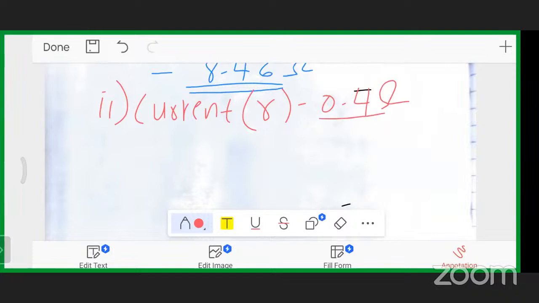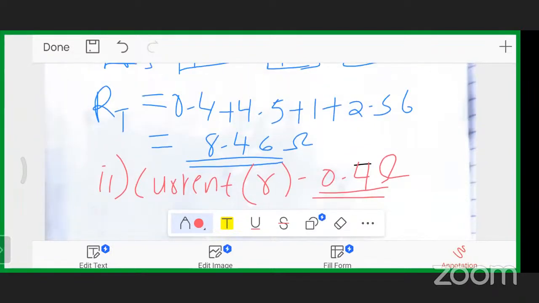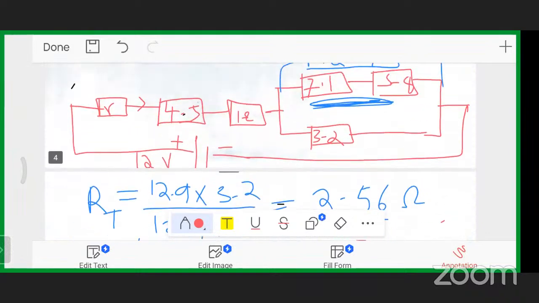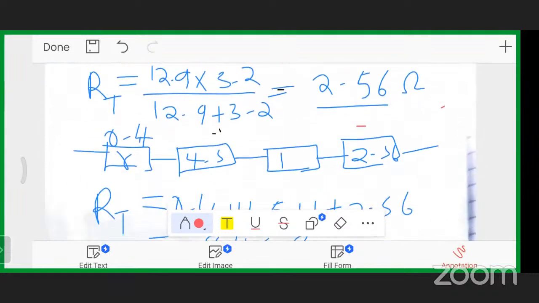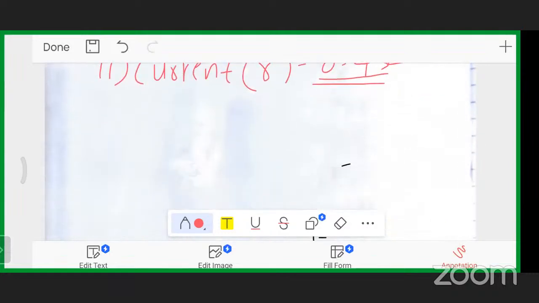So the first thing, remember we already have the total resistance in the circuit. What else do we have? We were also given that the supply voltage was 12 volts here. So the next thing we need to find should be the total current in the circuit. That's the first thing. It will always be helpful for us. So the total current flowing there, I, is supposed to be V over R total.